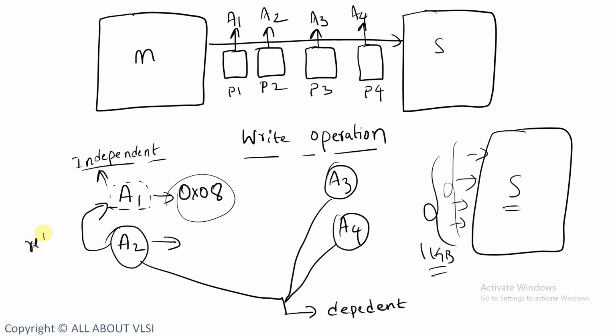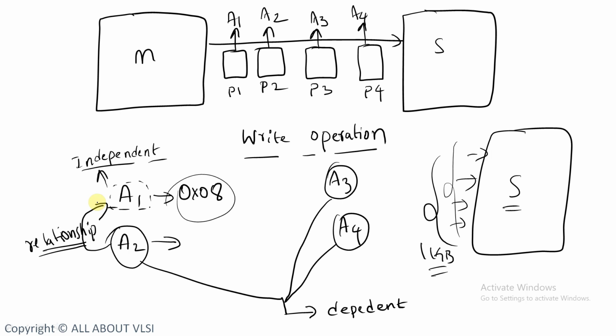So here there will be some relation. That relation we are going to discuss further. Okay, there will be a relationship between your address A2 and address A1. I'm going to explain this one more time. The starting address in a particular transfer is not related to any other address, or to any previous transaction.